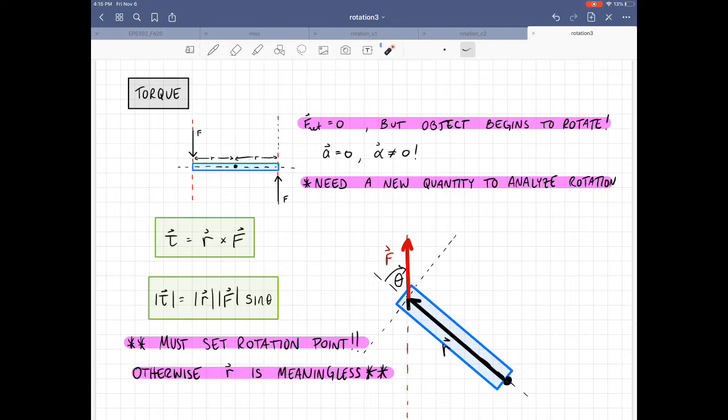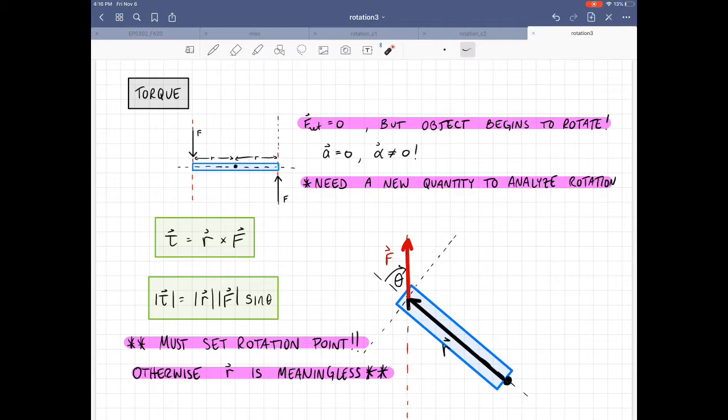And so torque, the symbol that we use is tau, and torque is a vector. And it's a vector quantity that's connected to r and F. So to have a torque generated by a force, you need to know the magnitude of that force. You need to know how far away that force is from a rotation point.